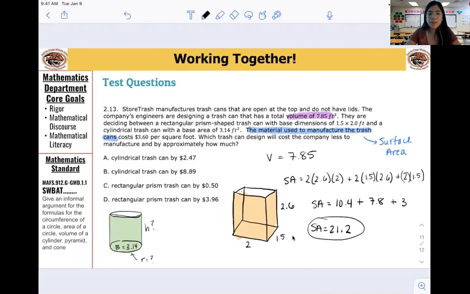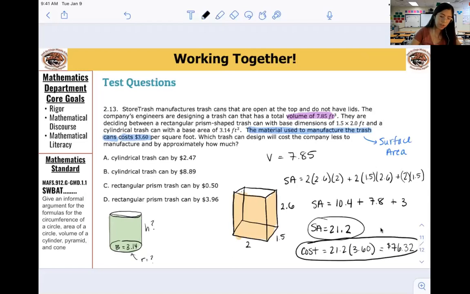That's the surface area of this prism, not counting the top. And finally, we know that it costs $3.60 per square foot. So the cost is going to be 21.2 times that price. So I get $76.32. That's the cost to manufacture this trash can. I'm going to write that down up top.